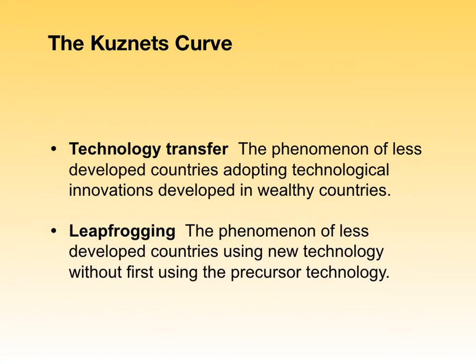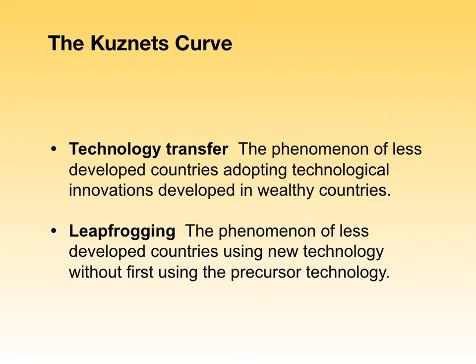Technology transfer happens when less developed countries adopt technological innovations that were developed in wealthier countries. In many less developed countries, a significant portion of the population uses cell phones without ever having access to a network or even a landline phone. A situation in which less developed countries use technology without first using the precursor technology is what we call leapfrogging.